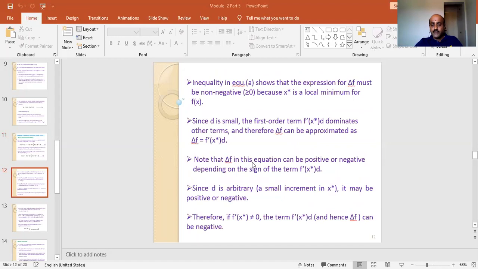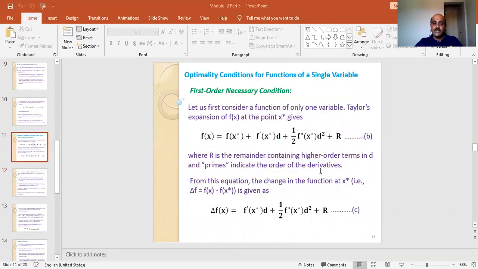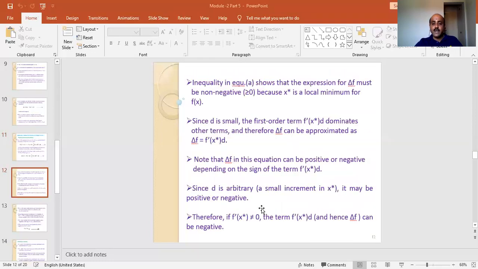Note that delta f in this equation can be positive or negative depending on the sign of the term f dash x star d. Since all the other terms are neglected, delta f depends upon the sign of the first term, f prime x star into d.